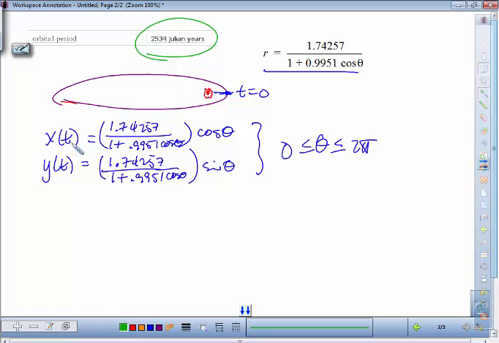I guess I put t's here. Maybe I should have put t's here. Any ideas? So that instead of going from 0 to 2 pi, I actually want it to go from 0 to 2,534 units, in this case, years.